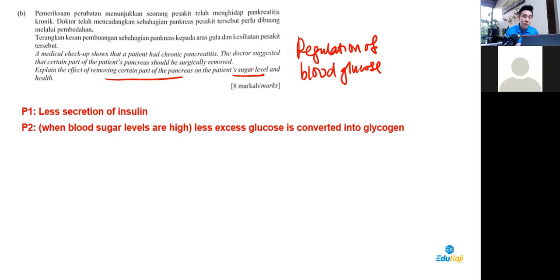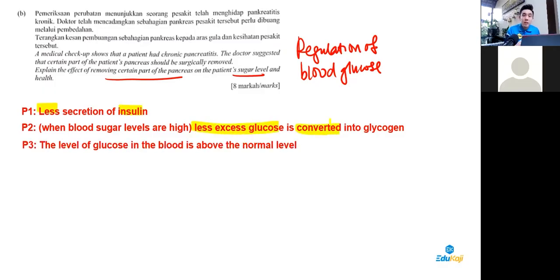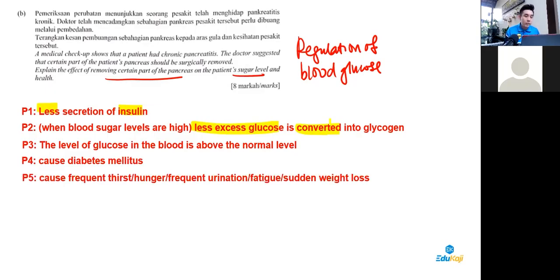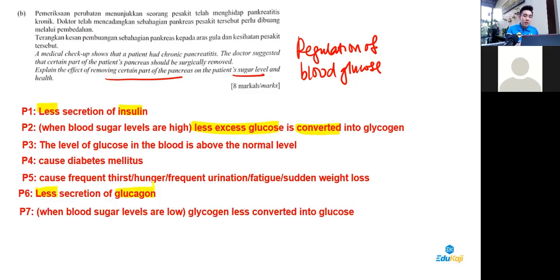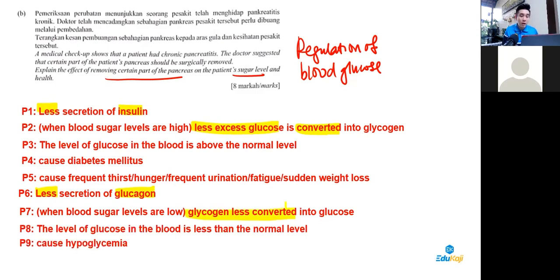Less insulin, less excess glucose converted. Okay, this may cause diabetes mellitus. The symptom, not only insulin, guys, what's the other hormone that is being secreted when there's a drop? Glucagon, less glucagon. Okay, less glucagon, less conversion, glycogen, okay, hypoglycemia, and then the symptom.